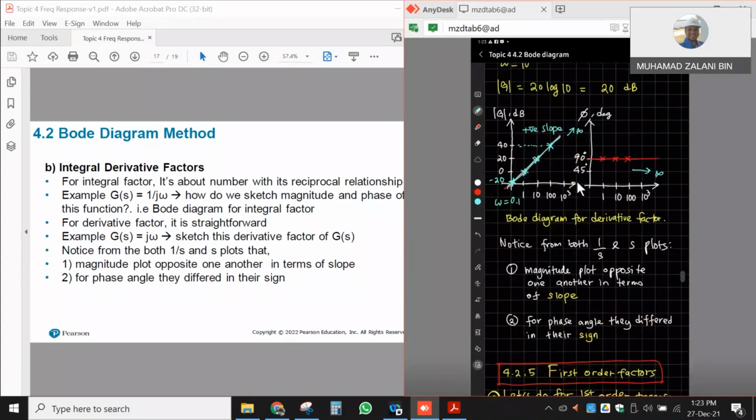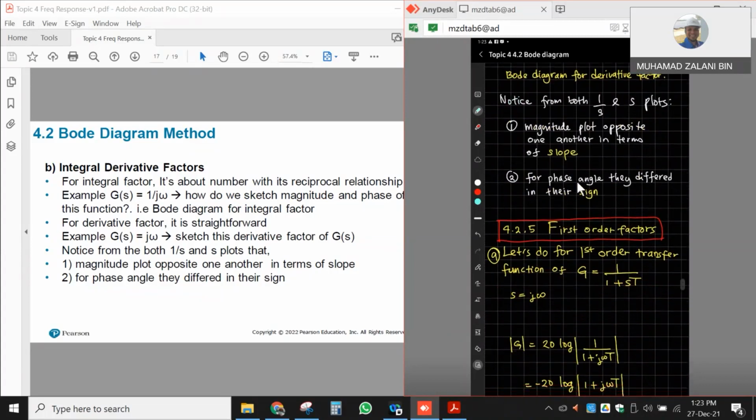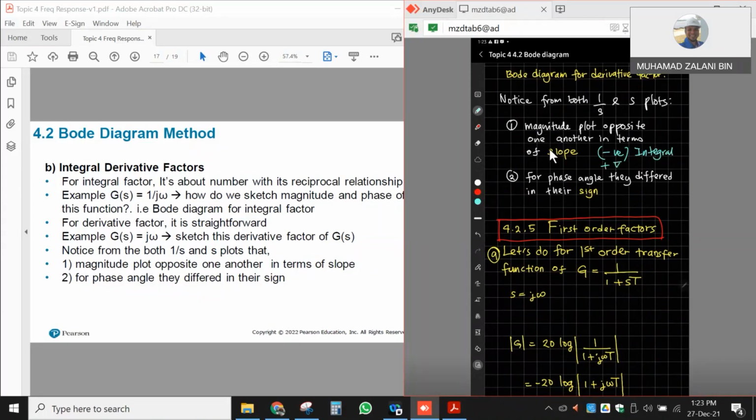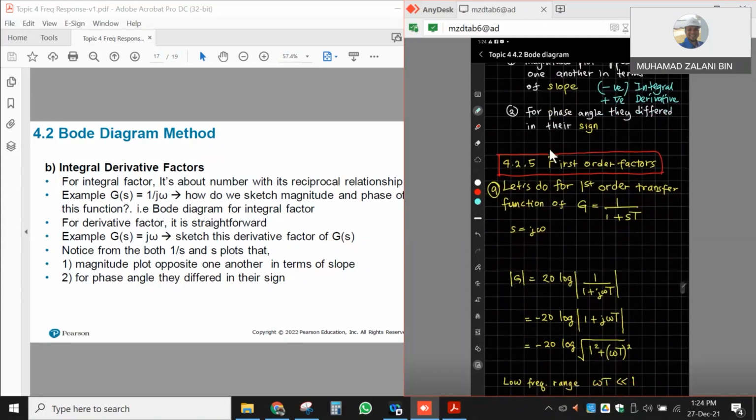So we can conclude here for the integral and derivative factor. Notice that from both 1 over s, which is the integral, and s for the derivative, the magnitude plots are opposite to one another in terms of slope. For the integral, it is a negative slope. For the derivative, it is a positive slope. And then for the phase angle, they are different in their sign.